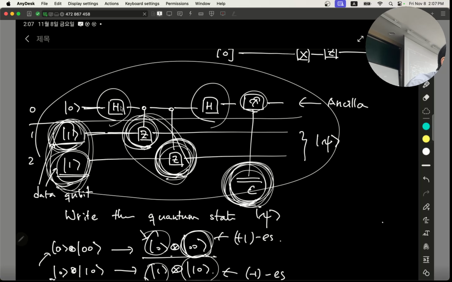So this measurement outcome can detect whether your data qubits are in the +1 or -1 eigenstate as a whole, but it cannot distinguish which qubit is +1 or -1. It can only detect the product of the eigenvalues, either +1 or -1.